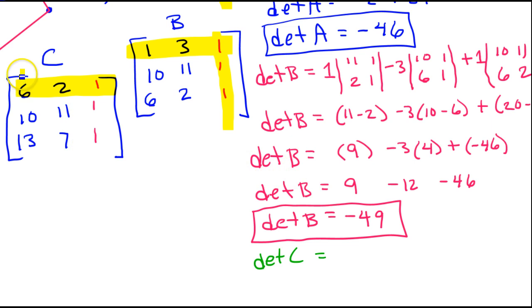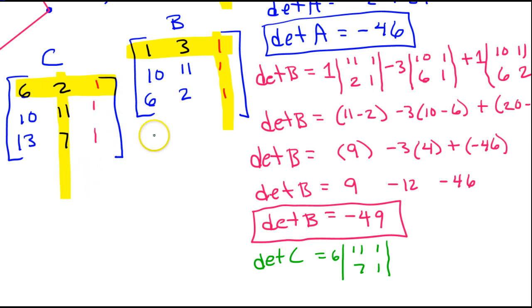So that means my first cofactor is going to be the 6. So I'm going to have 6, and then the minor matrix 11, 1, 7, 1. Okay, and then I'm going to switch over to the next cofactor, which is the 2.